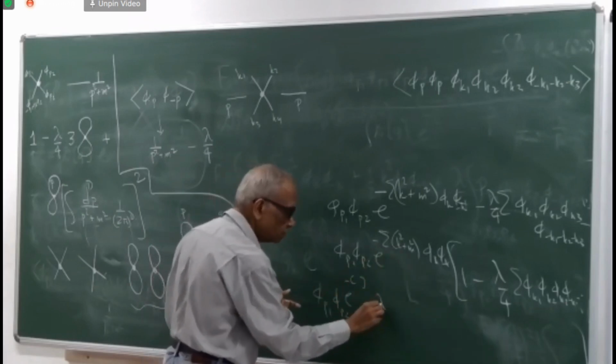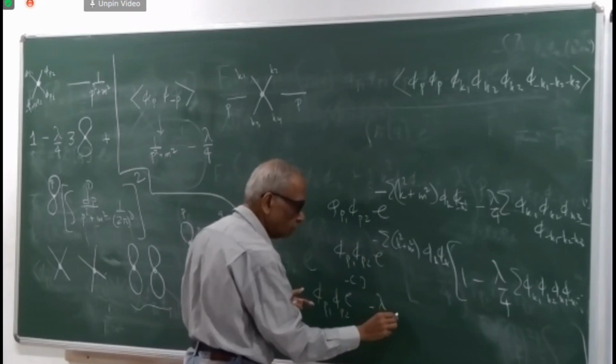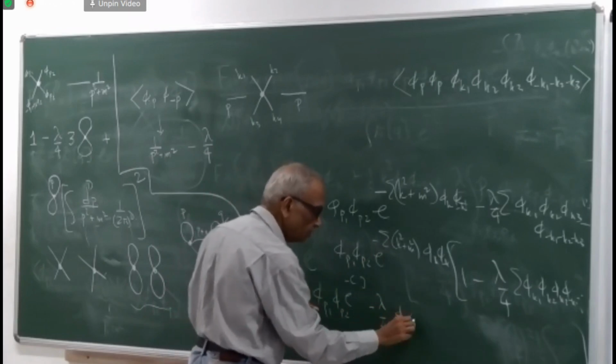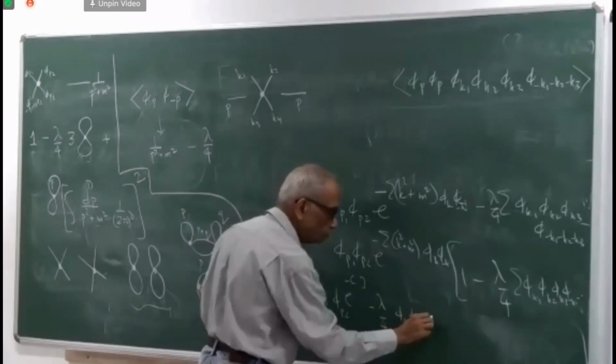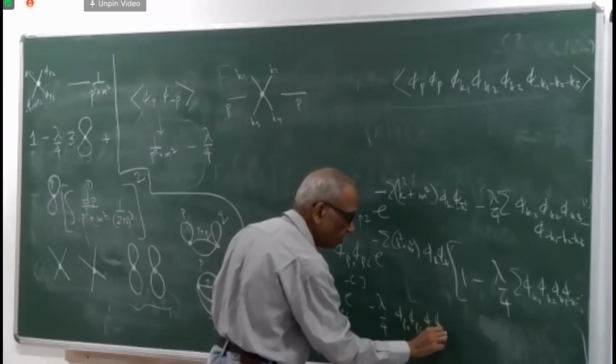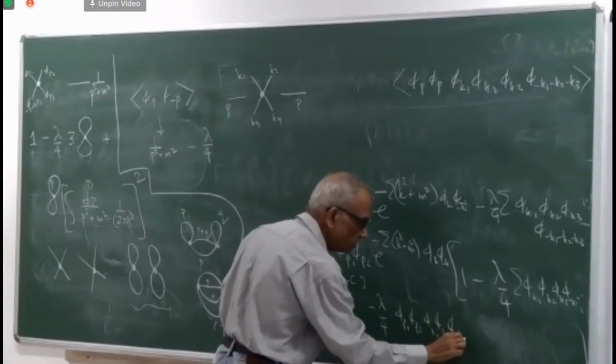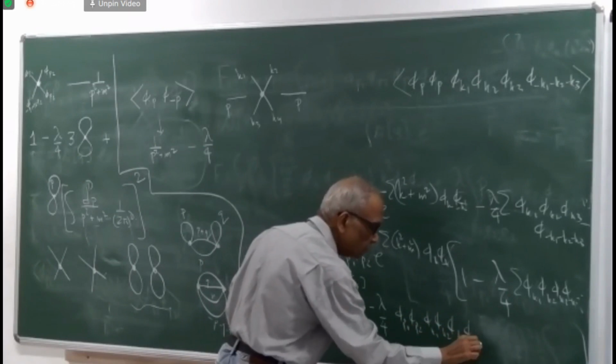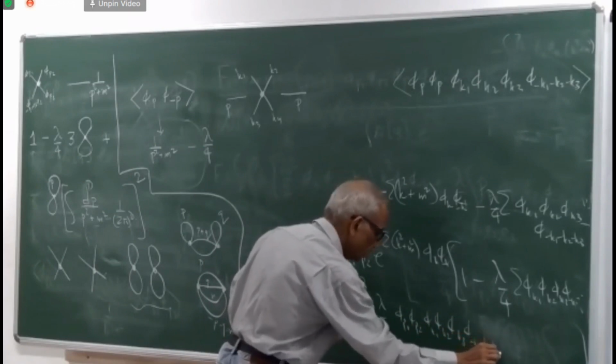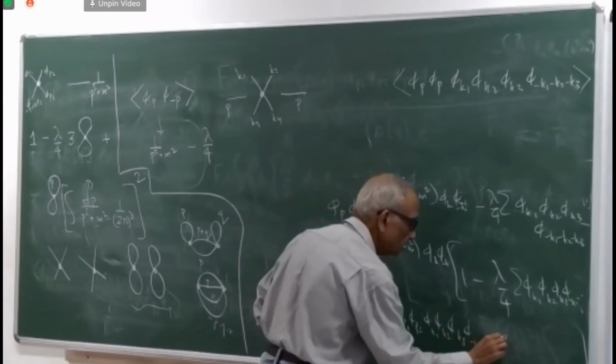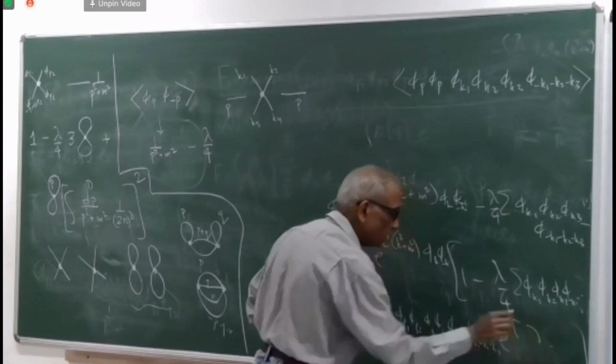Next term is minus lambda by 4, and then it is phi p1, phi p2, phi k1, phi k2, phi k3, phi minus k1, minus k2, minus k3, and then it is e to the power minus the Gaussian.